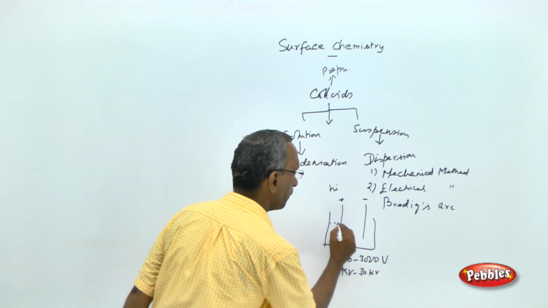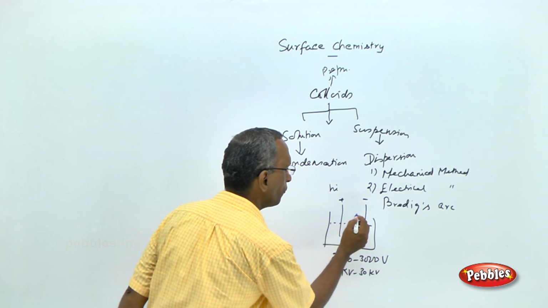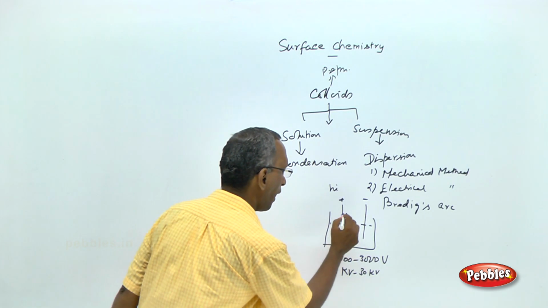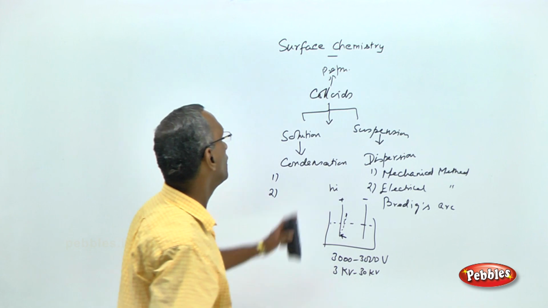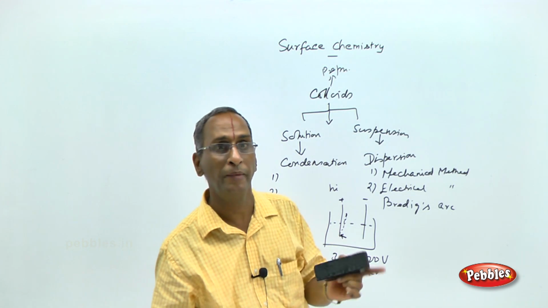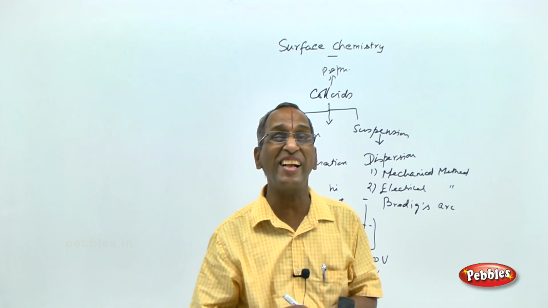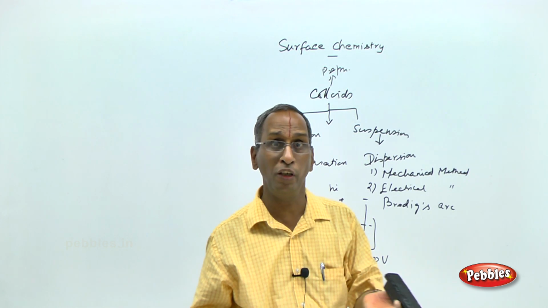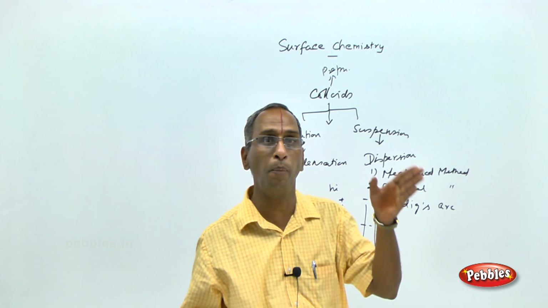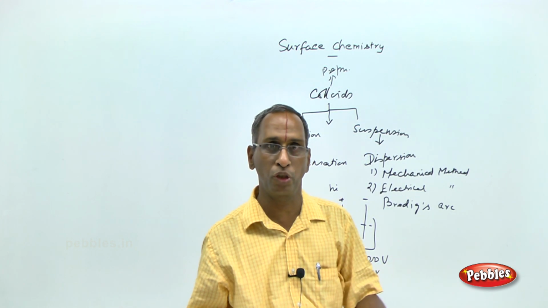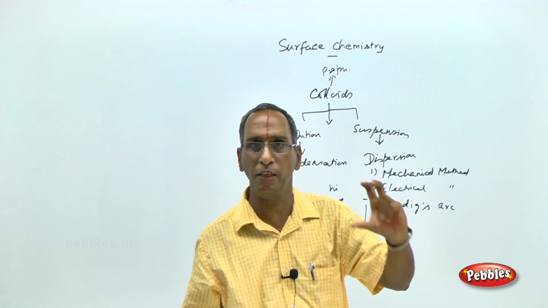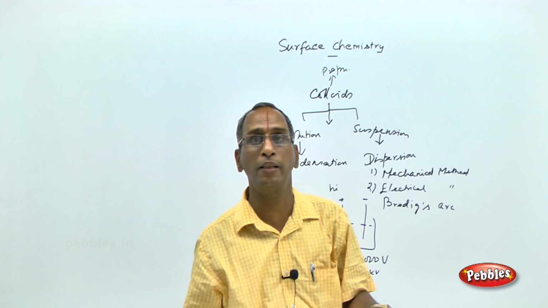High potential is applied, whereby the heavier particles are settled at a particular electrode. The principle behind this separation is that colloidal particles are characterized by charge. If they have some charge, they will move towards oppositely charged electrodes and settle at the bottom.